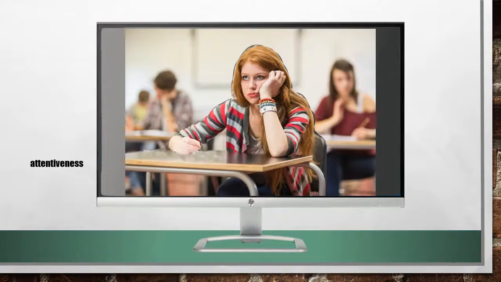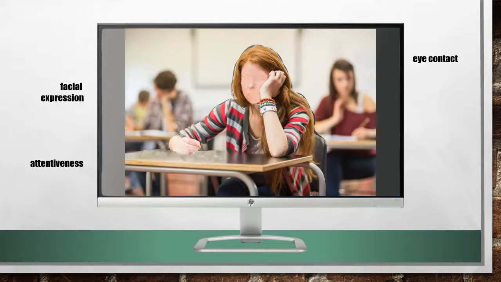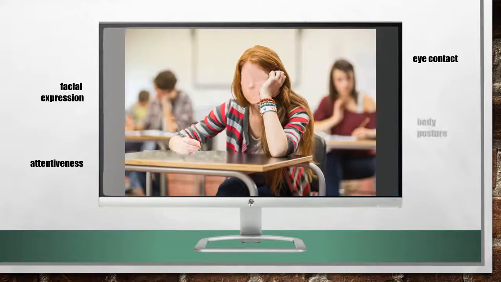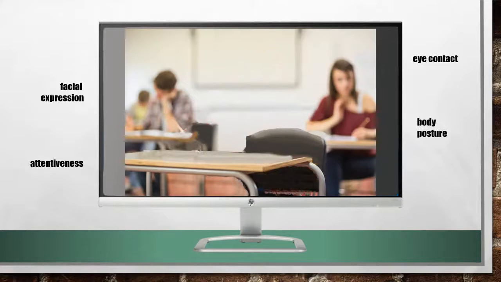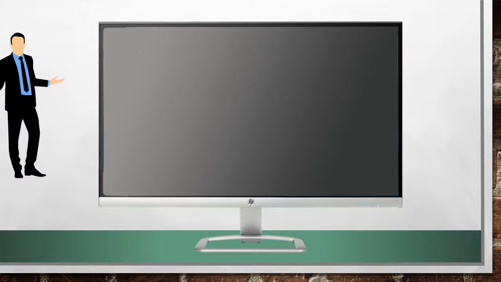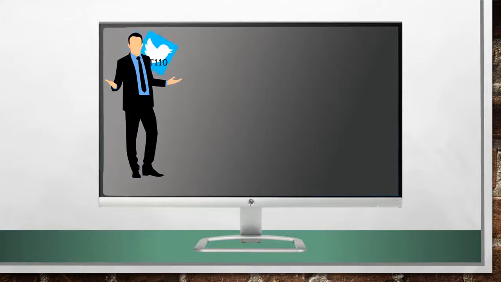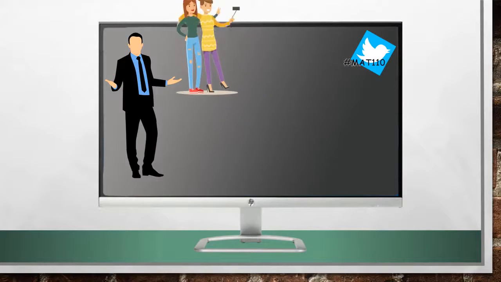Attentiveness, eye contact, facial expression, and body posture are impossible to see in the asynchronous online environment. In order to be as effective in the online version of your course, you will need to intentionally add opportunities for your students to tell you or show you their level of understanding at each step along the way.